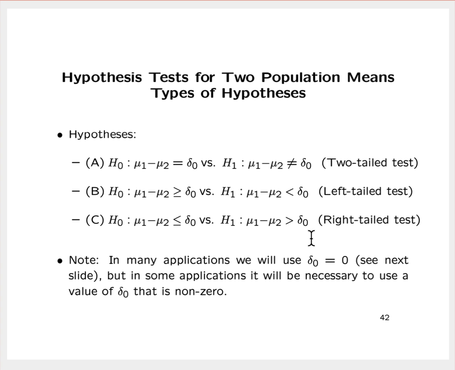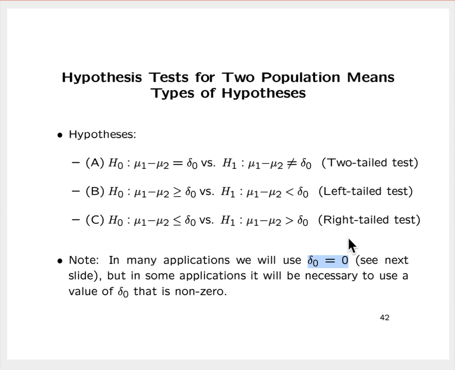And so when that happens, we can state these hypotheses in a couple different ways that may, in some cases, make more intuitive sense, but they can always still be stated in terms of differences between the population means. Now, in many cases the appropriate value for the hypothesized difference, delta 0, will be 0. And again, in many cases that will be the case, but in many cases it won't be.